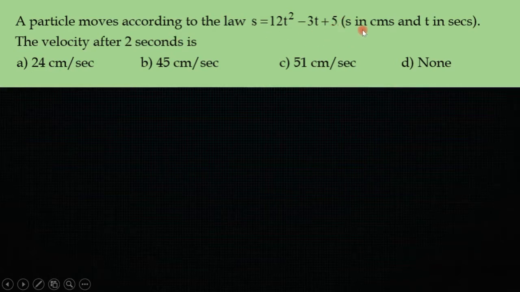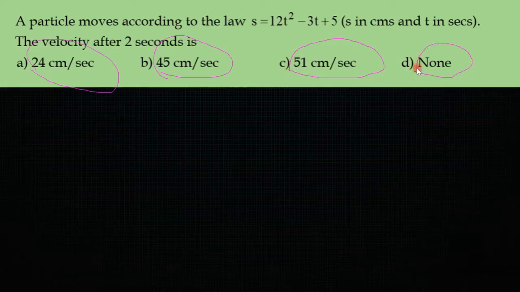Here S is in centimeters and t in seconds. The velocity after 2 seconds is, options are 24 centimeters per second, 45 centimeters per second, 51 centimeters per second, none.